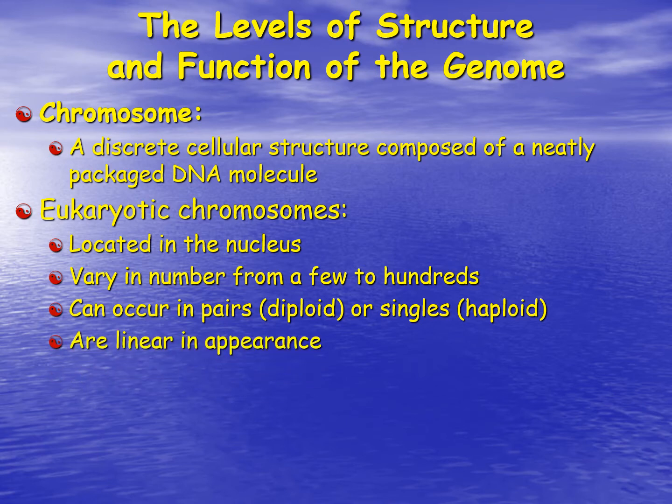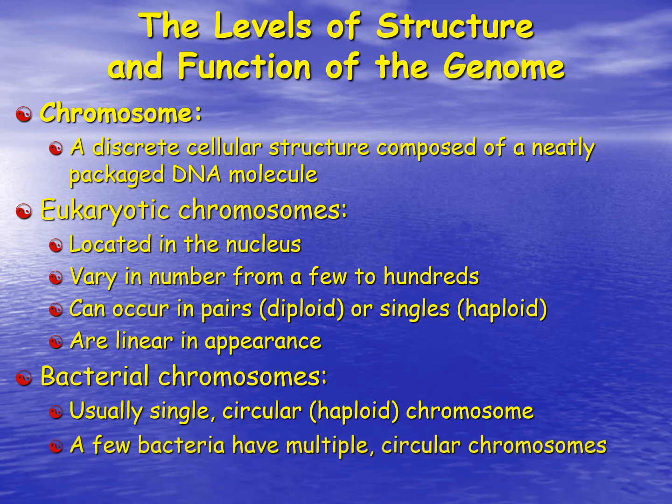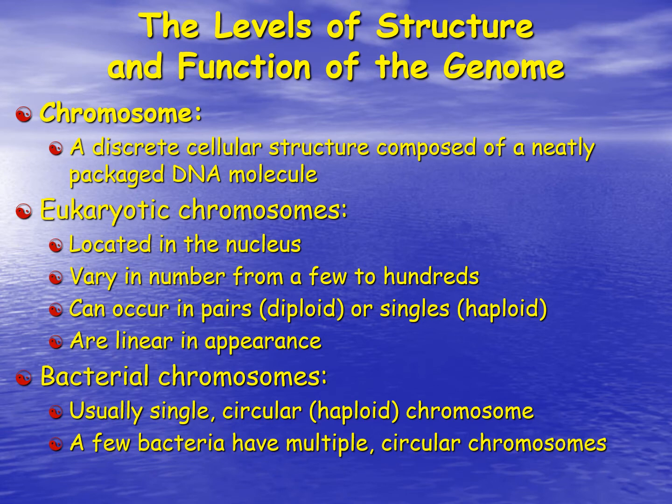And they are linear in appearance. Whereas the bacterial chromosome usually is a single circular and haploid chromosome. There are a few exceptions to this, however. So a few have some multiple circular chromosomes, and even fewer actually have linear chromosomes.